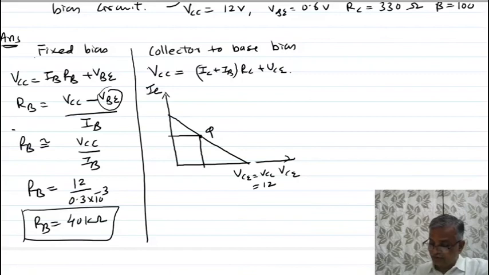Here they have not given the value of VC, but you know that the Q point should be situated at the middle point of the load line.